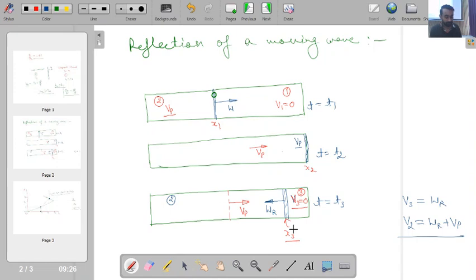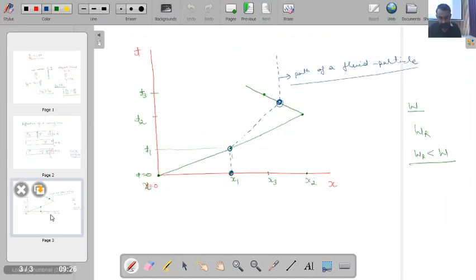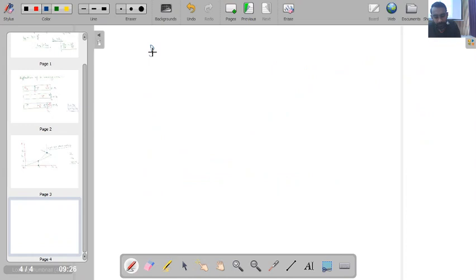Now with this information, if I write the continuity, momentum and energy equations, I will get rho 3 into WR equal to rho 2 into (WR plus Vp).